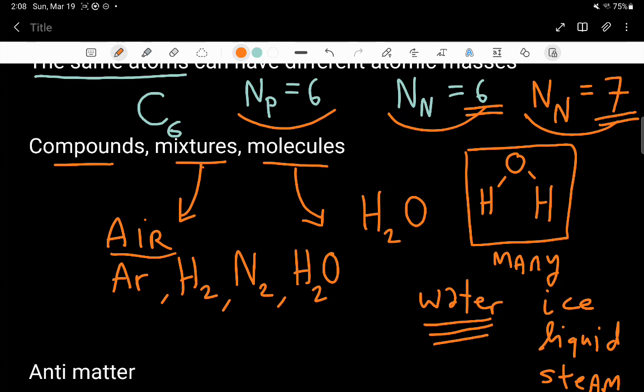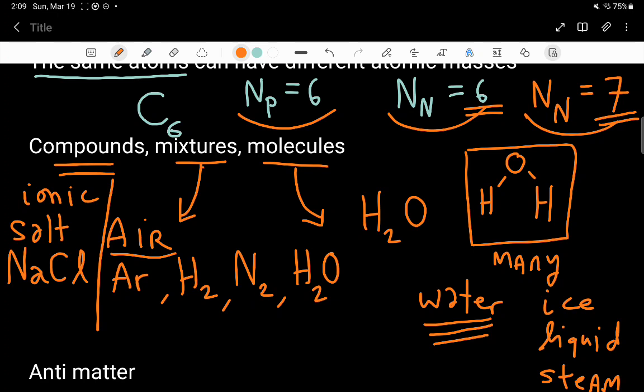And then compounds, for example, you can have materials referred to as ionic compounds and salt, like salt in the ocean, table salt that you put on your French fries. One of the particular salts that people talk about a lot is called sodium chloride. And sodium chloride is sodium ions and chlorine ions, right?